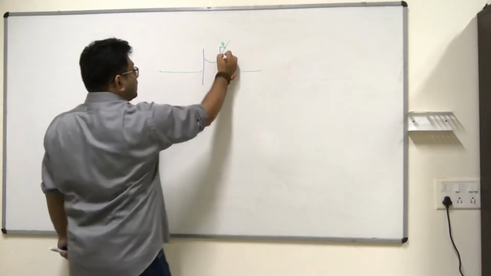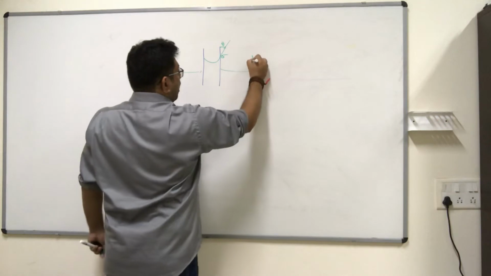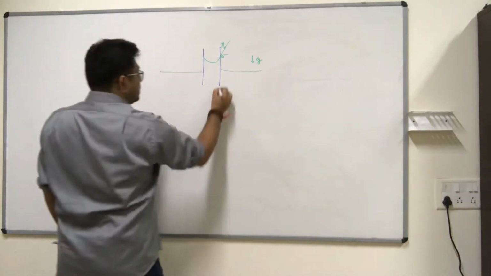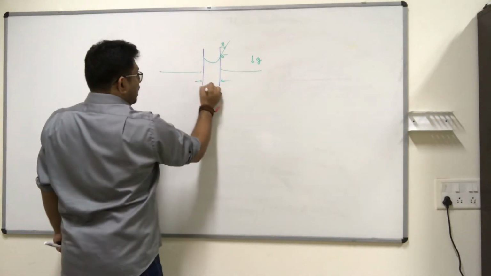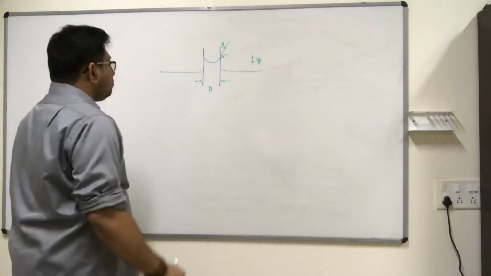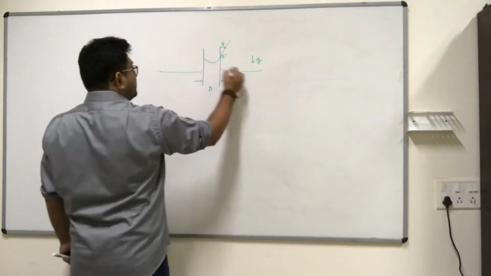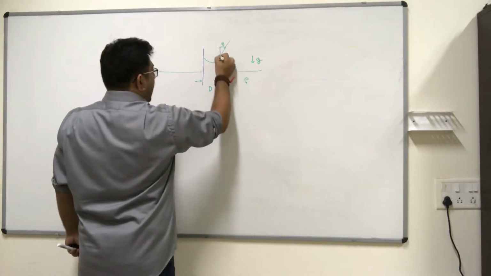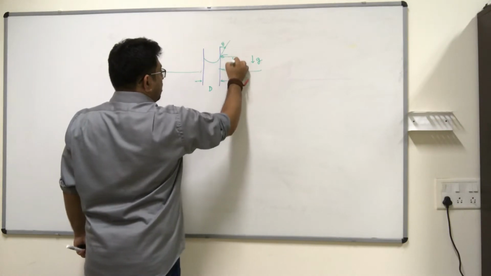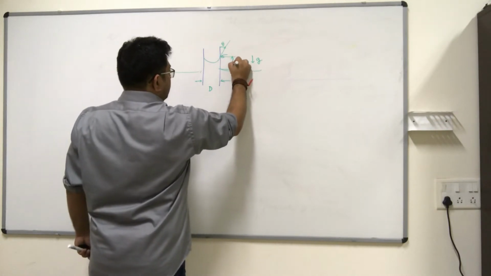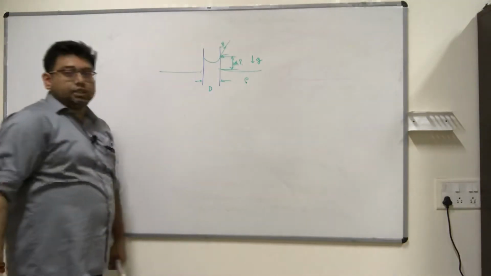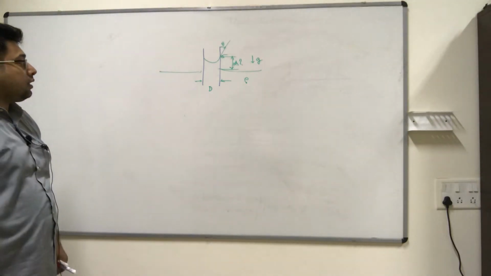The surface tension was given to you as sigma. There's gravity downwards. This was capital D. Fluid density is rho, and the question was, what is delta H?